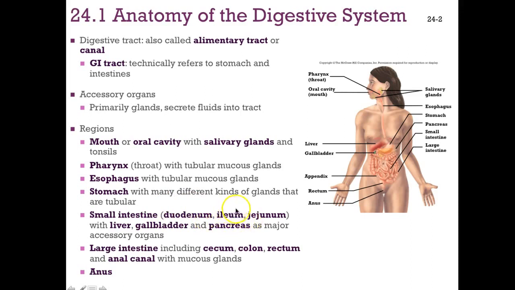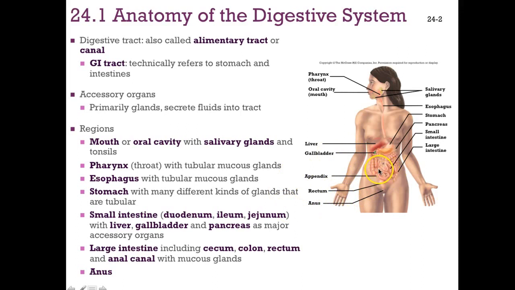So in your notes, you can move ileum to the end, so they'll be in order from proximal to distal. And then we have connections with our liver, gallbladder, and pancreas. All of these three organs are going to secrete digestive juices into the duodenum, specifically the second part.